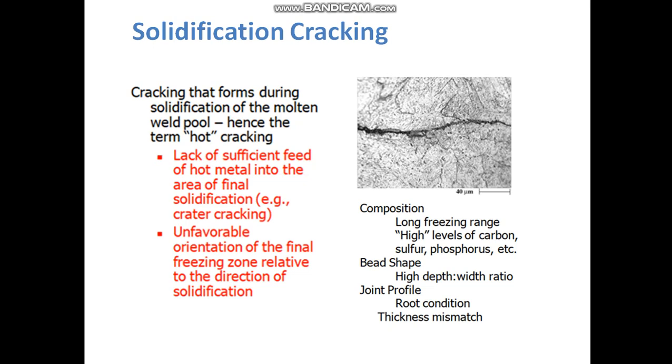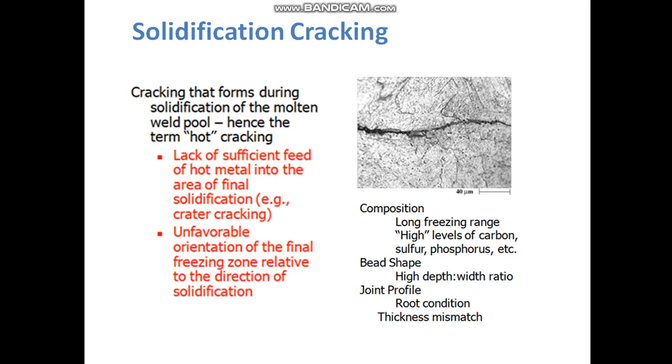So what are the main issues? First, a long freezing range. Whenever the alloy has a long freezing range, it is susceptible to solidification cracking, because in the composition of the long freezing range there are high levels of carbon, sulfur and phosphorus.